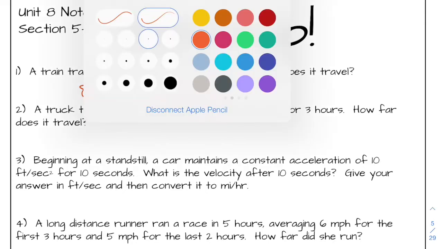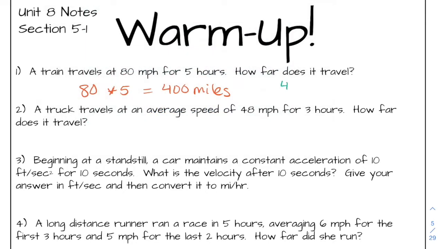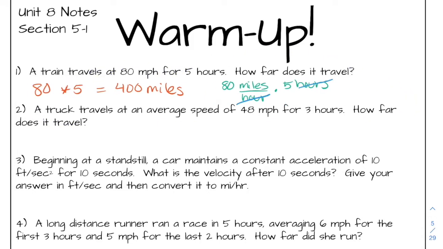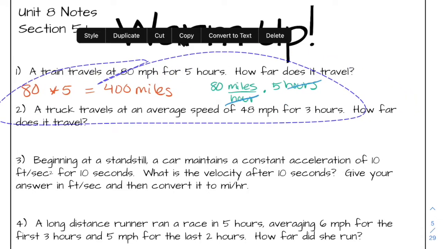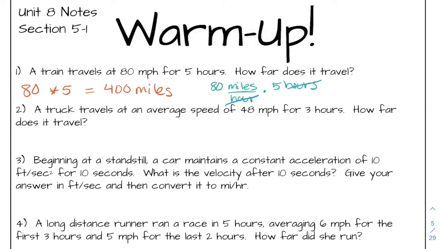And if you want to look at it in terms of your units, you have 80 miles per hour times 5 hours. And you'll notice that the units actually reduce to be 1, which leaves you with a total of 400 miles.